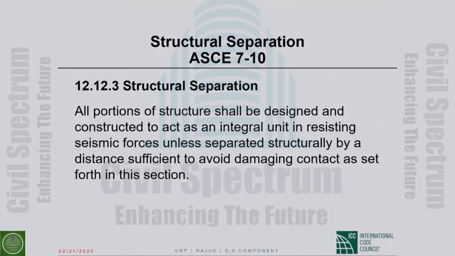All portions of the structure shall be designed and constructed to act as an integral unit in resisting seismic forces, unless separated structurally by a distance sufficient to avoid damaging contact as set forth in this section. So you will tie the whole structure together, or you shall separate portions of your structure by gaps that are sufficient to avoid what ASCE 7 has chosen to call damaging contact. Okay.